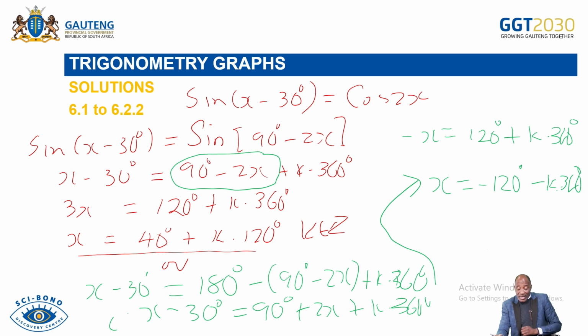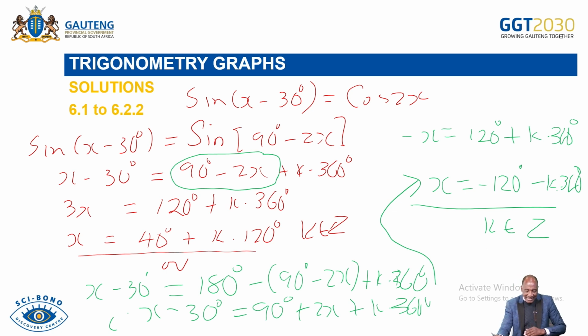K can change to a negative depending on what coefficient you are using to divide. So this is the other wing, which is now in the third quadrant. Negative 120 degrees is the same as 240 degrees. So for k an element of integers, this is how you could have found the general solution. It means there are two sets that generate those angles where the two functions are equal.